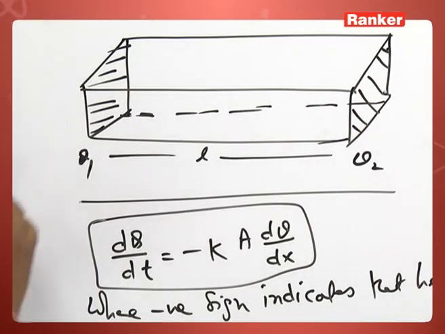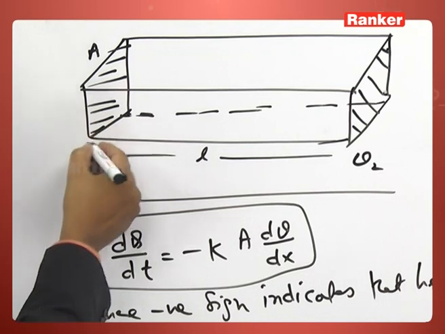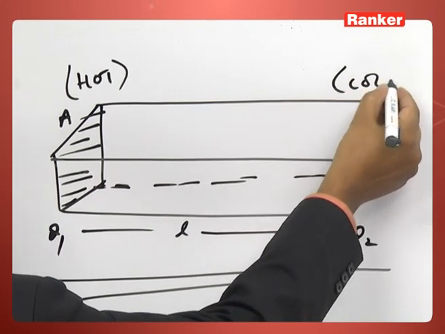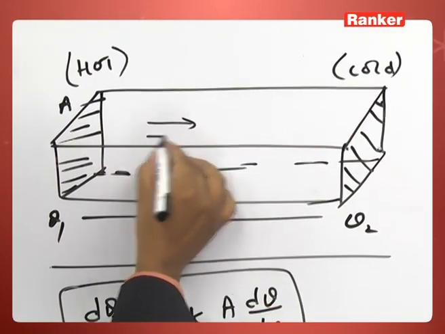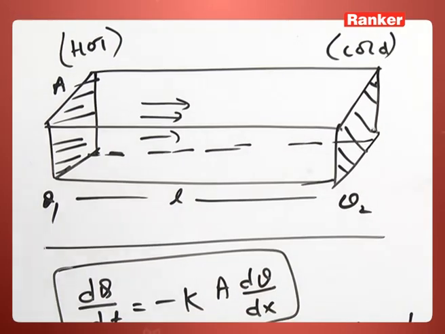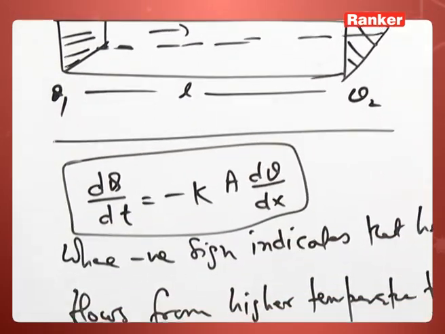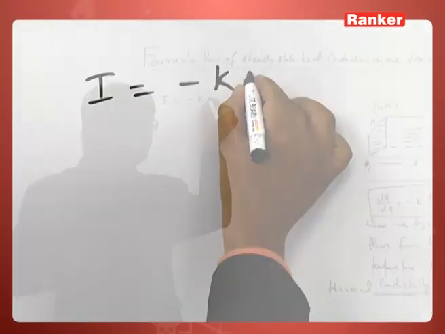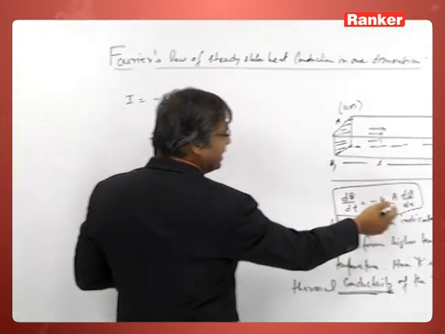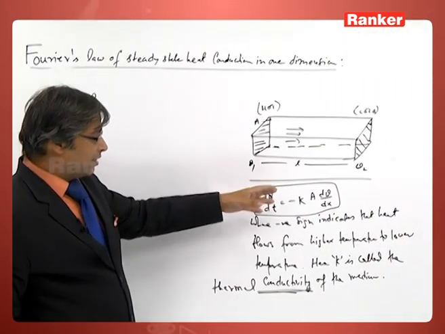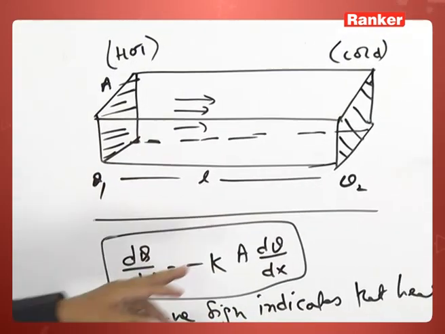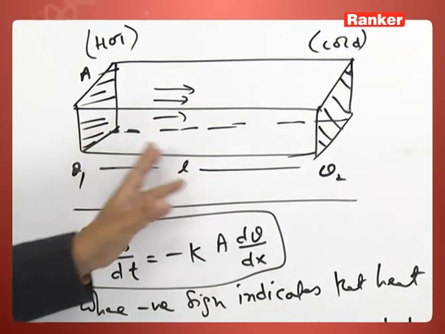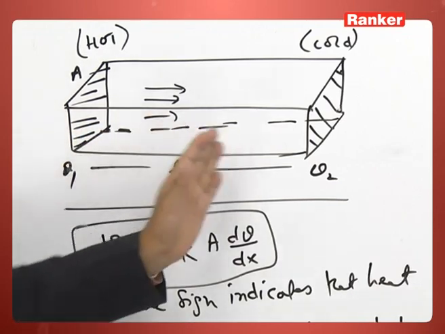This is a conducting rod of uniform cross section A, with this end at higher temperature. So, this is hot and suppose this is cold. Heat flows in this direction from theta 1 to theta 2. For this, the rate of heat flow I is equal to minus K A times the temperature gradient, that is, how temperature varies with position.